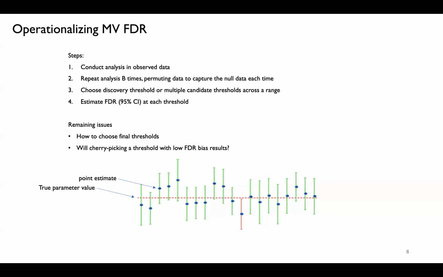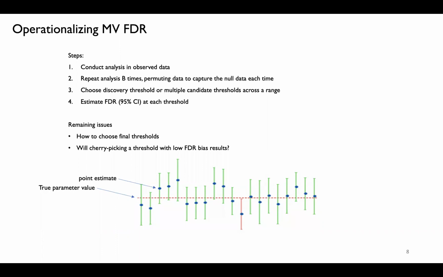But if we take this approach, then we have many confidence intervals we're generating, and we will probably be cherry picking those low values of FDR. And so there's the danger that we might be biasing the FDR. Here is a depiction of a confidence interval with the correct coverage.